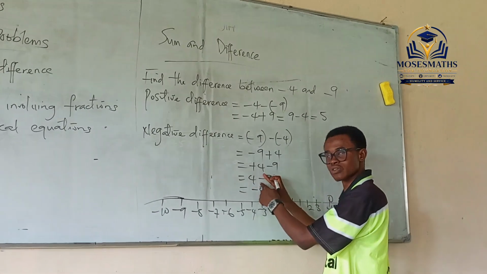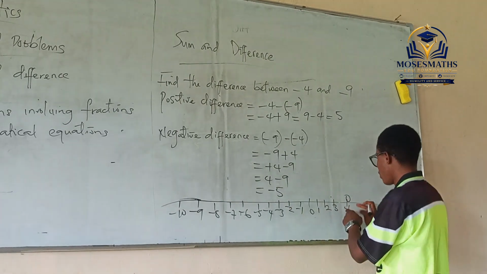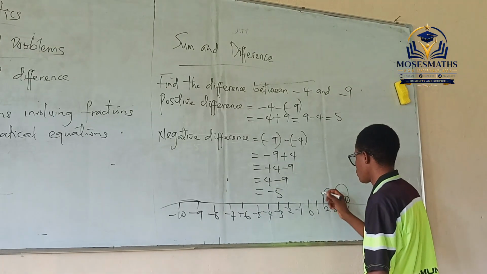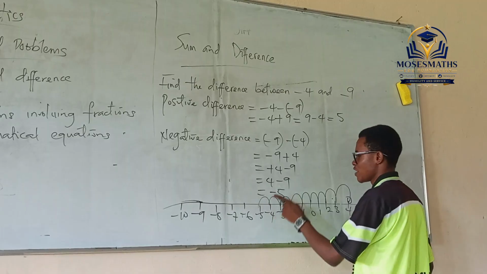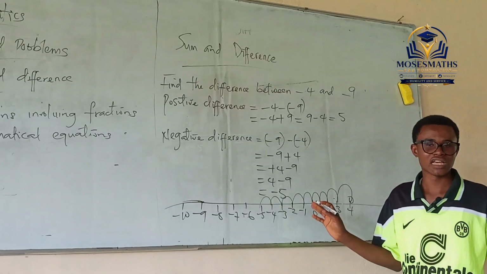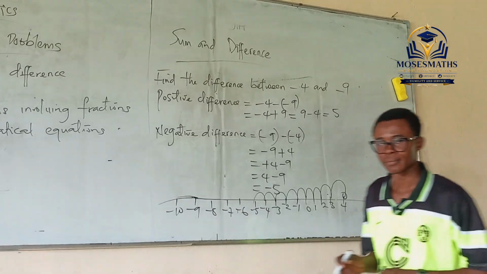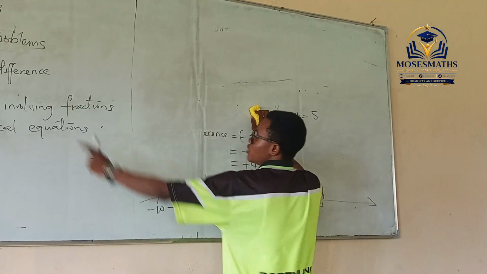But if this one is plus, you're going to move forward 9 times. You're going to have 4 move backwards 9 times. 1, 2, 3, 4, 5, 6, 7, 8, 9. That is minus 5. That's how I can easily get the answer to this question using the number line. Okay, let's now move over to the next one, the product.